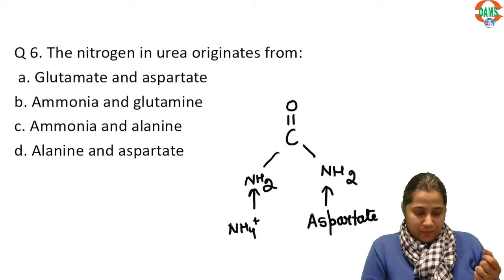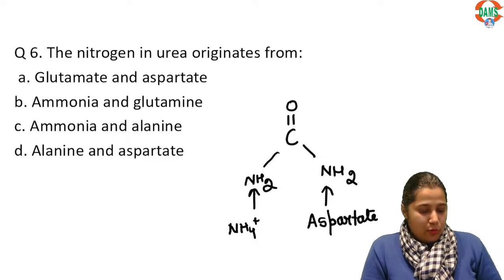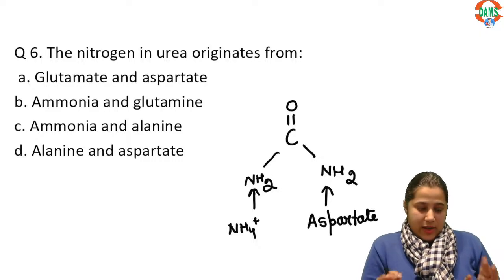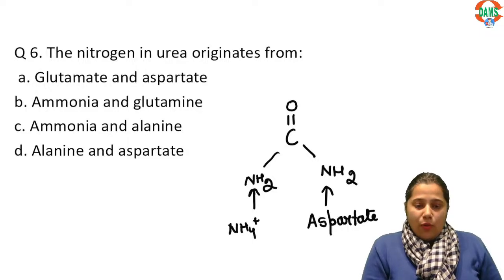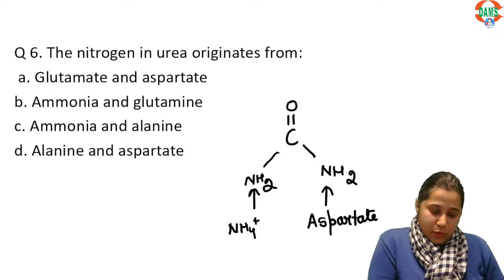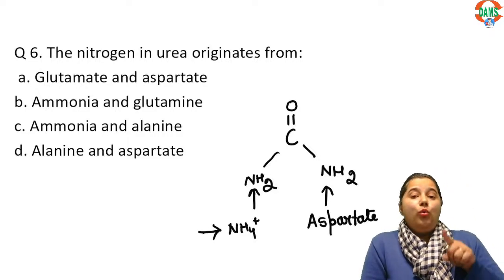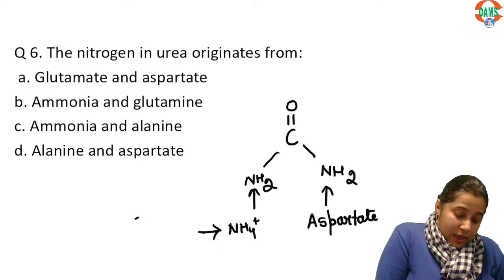Now what to do? Nitrogen in the urea originates from. Is there any option where you can see both ammonia and aspartate given? I can't see that. So now what we can do is further see what is the source of this ammonia.